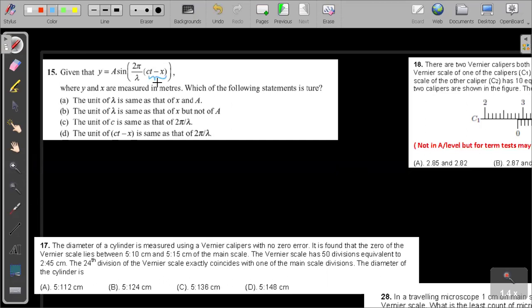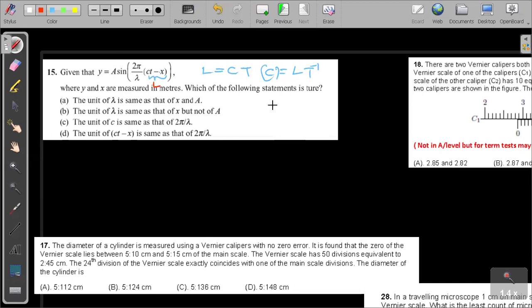Now c into t means you can easily find out c because it should be length equals c t. C is equals to L T minus 1. You can find it easily. Now a sine, this whole together it is the length.